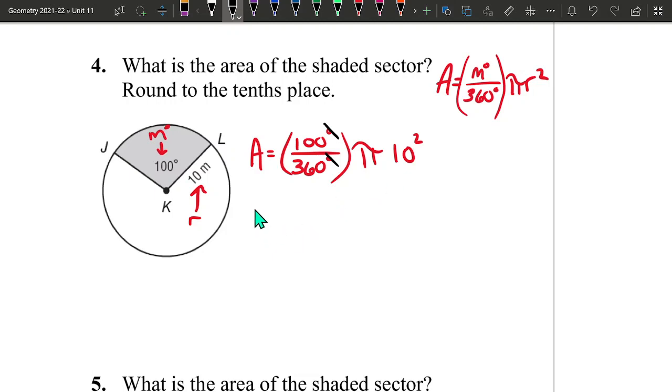Really, I would just type it in like that. You can either type it in as 100 or as 10 squared. It doesn't matter. So the area equals 87.3. And these are meters. And it's area, so the meters are squared.